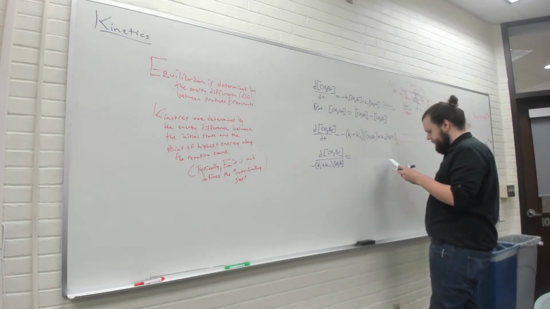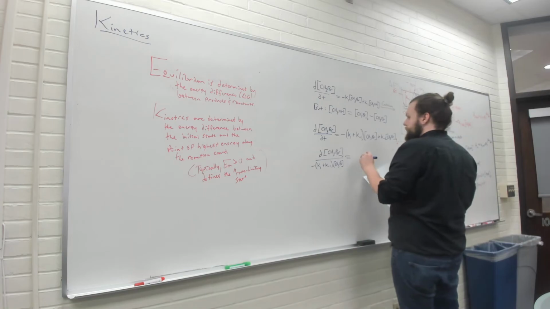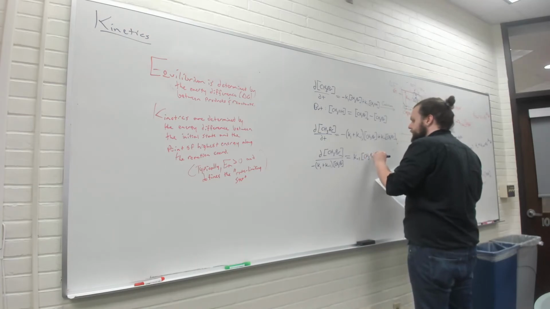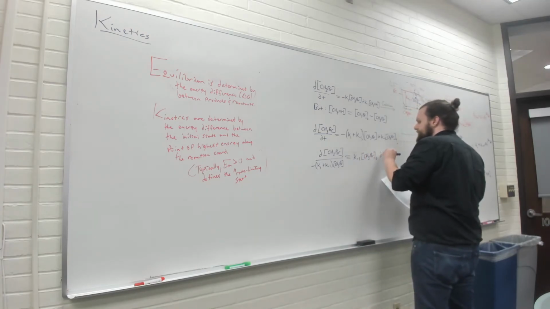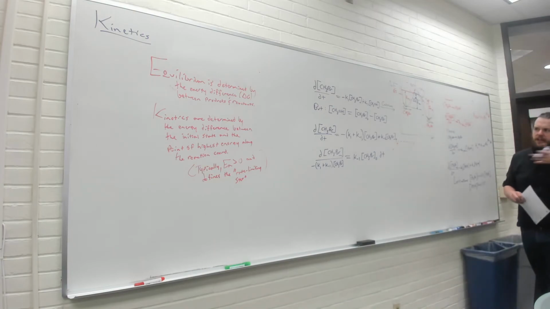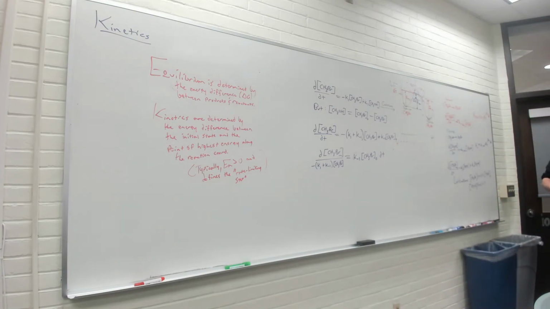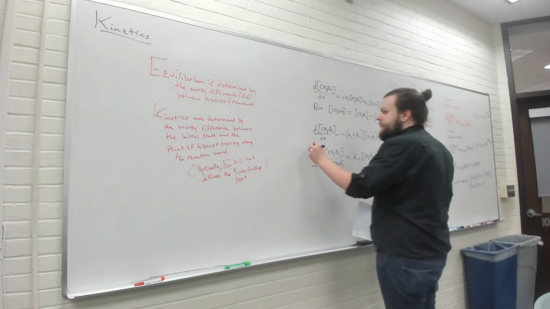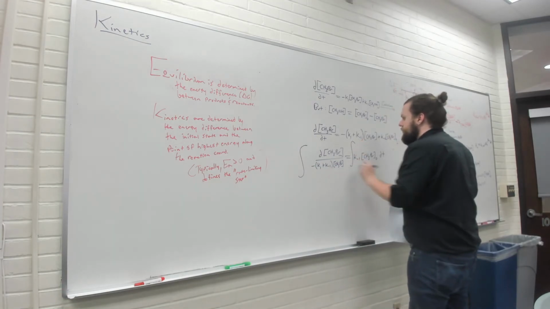Sorry, there should be a minus sign there. Equals K minus 1 CH3Br naught times dt. All right. Multiply both sides by dt and then got rid of the methyl bromide concentration onto the other side. All right, and we can integrate both sides.